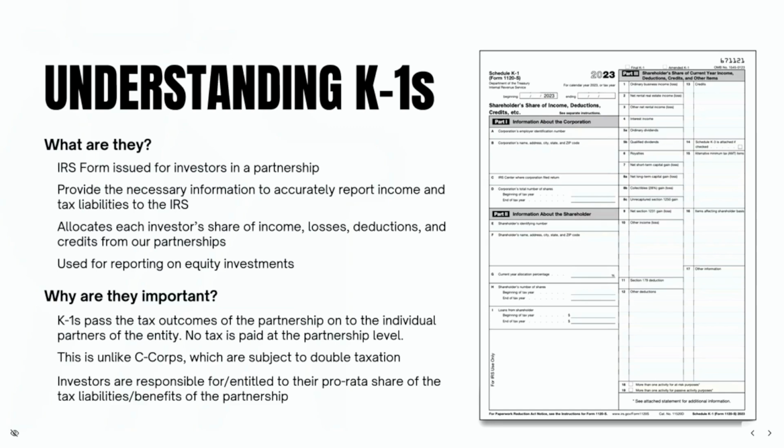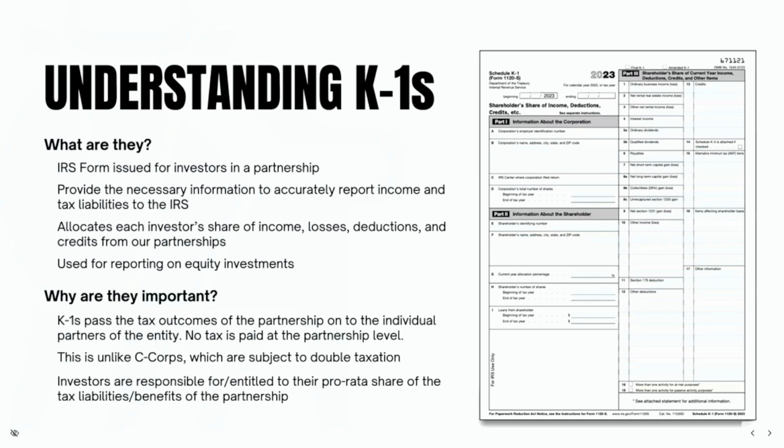All of our deals, development-wise, are structured as LLCs, which are taxed as partnerships. In those cases, our investors, once we are generating taxable income or losses, will receive Schedule K-1s on an annual basis. The Schedule K-1 provides the individual investor with the necessary information to accurately report their income or tax liabilities to the IRS in their individual tax returns.